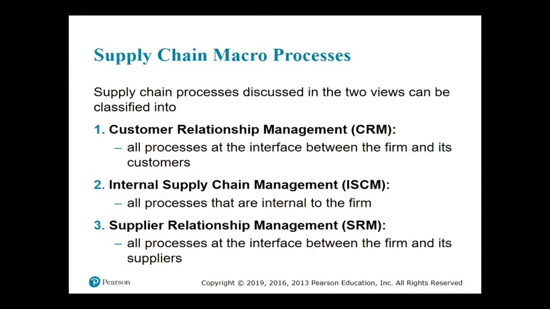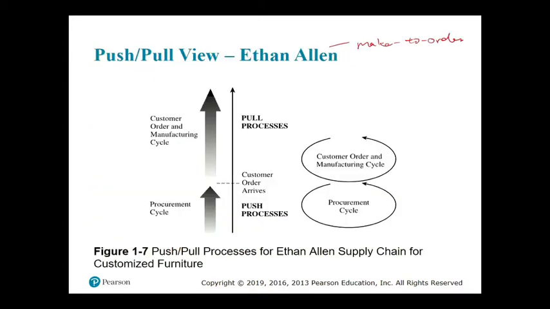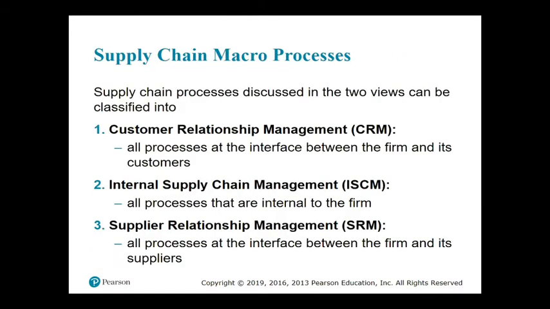Okay, so these are, we talked about different views of the supply chain processes, and what are the overall modules of supply chain macro processes. They can be classified into the part that's facing the customer, the part that's within your company itself, and the part that's facing the supplier.